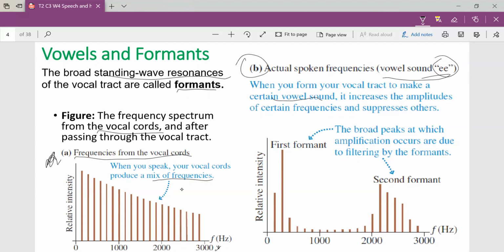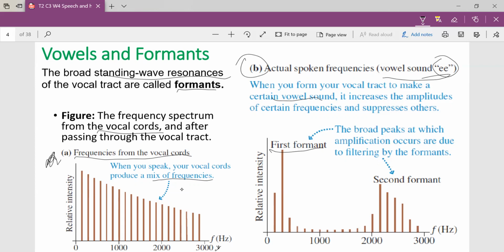The increase and suppression of these frequencies makes the fundamental frequency stand out. And that is what we are referring to as the formant. Those sounds that are standing out, they are the formants. So we'll have the first formant, which you typically call the fundamental frequency for sound description, but for vocal or when you speak, we call it the first formant.